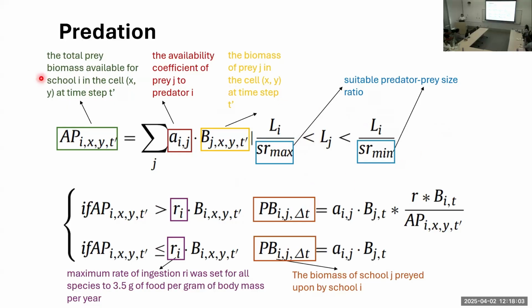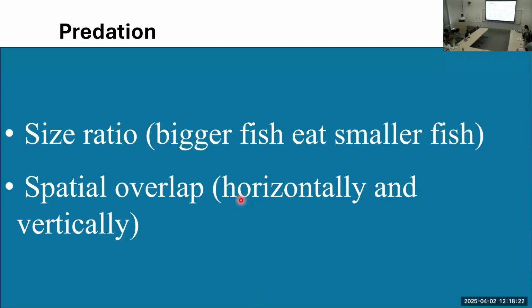Now that we know the available prey biomass to the predator, the equations below define how much prey will finally be eaten by the predator. Here, there is a maximum limit for the predator to feed on the prey, because you cannot just eat everything you have at one time. So to summarize, size-dependent opportunistic predation means that predation will only happen under two conditions.